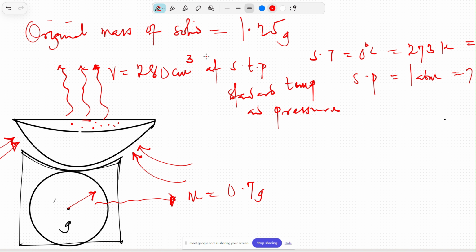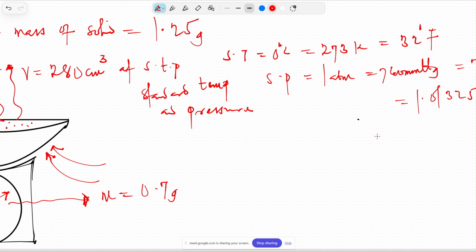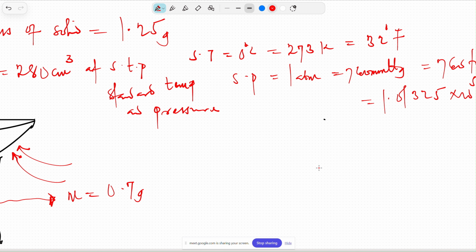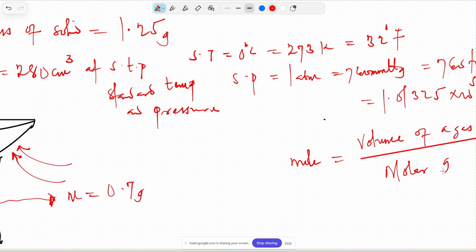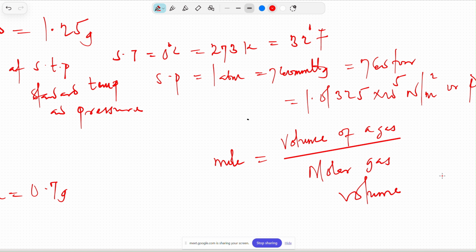Now this given volume that you have here, there's a way we calculate. There's a formula that relates mole with volume as well. I don't know if I gave us that formula. You should also know that mole is equal to volume of a gas divided by molar gas volume.